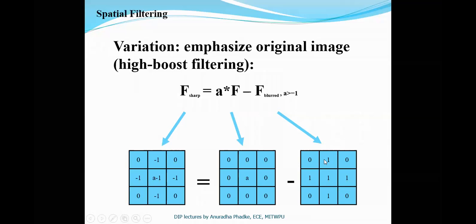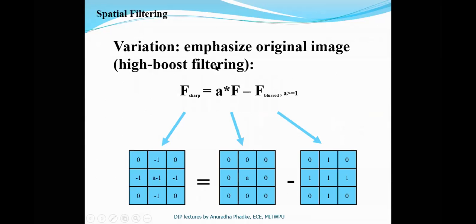Okay, so we can use this mask for blurring the image, and by applying this mask we can get the blurred version of the image, and by using this mask we can scale the original image. Okay, so we are scaling the original pixel values by A, and then we are subtracting the blurred version from the image to get the high boost filtered image.